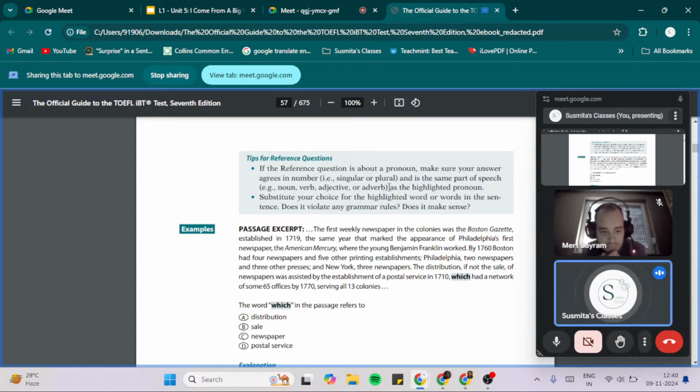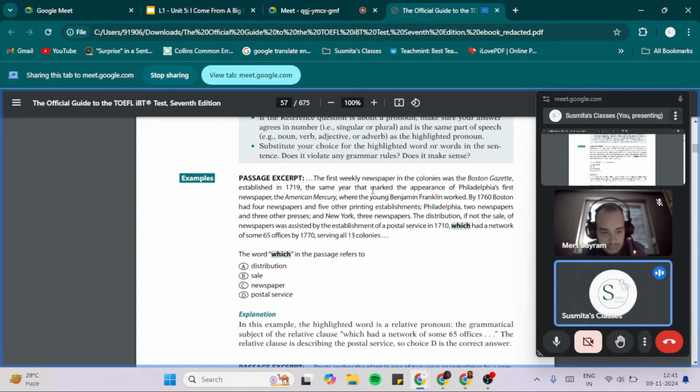So what option is left? Postal services. Postal services can have offices, right? Post office is what we call it. So hence that becomes our correct option, option D. Which had a network of 65 offices. That is why option D becomes correct.